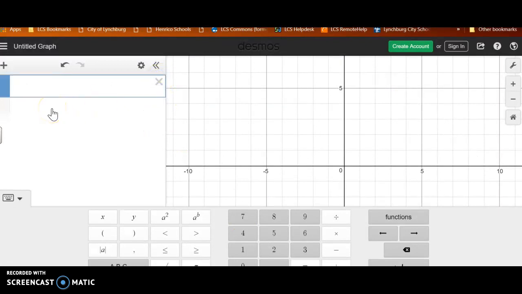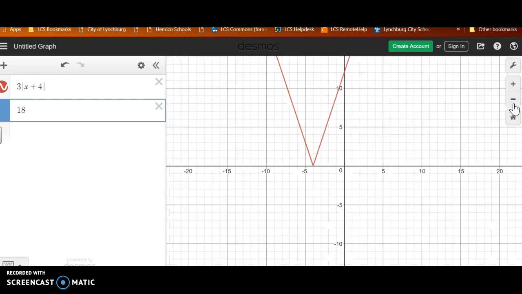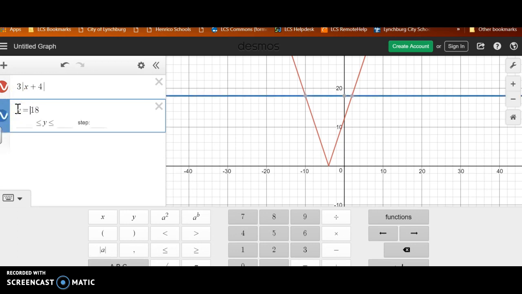The first one is 3 absolute value of x plus 4, and the second one equals 18. So I need to go up so that I can see 18, and this is y equals 18.